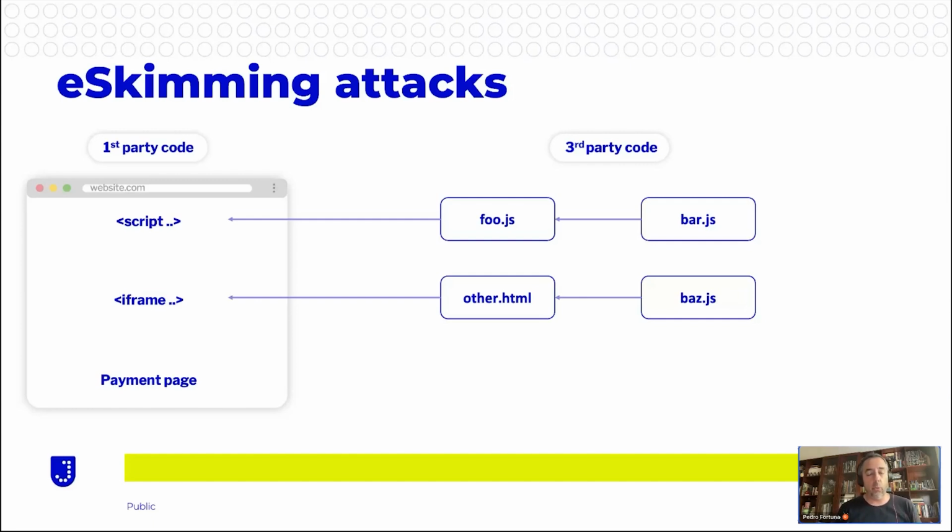By the way, e-skimming is also referred to as online skimming or Magecart or even formjacking. It is important to become familiar with the several ways that people often refer to this type of attack. But from a PCI DSS perspective, we call it just e-skimming attacks.